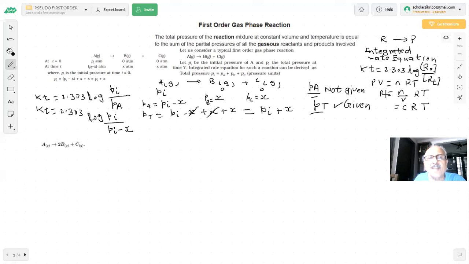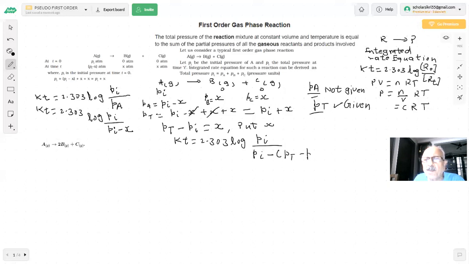But the total pressure is given in the exam, so I can say that total pressure minus Pi is equal to X. Put the value of X in this equation. Kt is equal to 2.303 log of Pi over Pi minus X, and the value of X is Pt minus Pi.